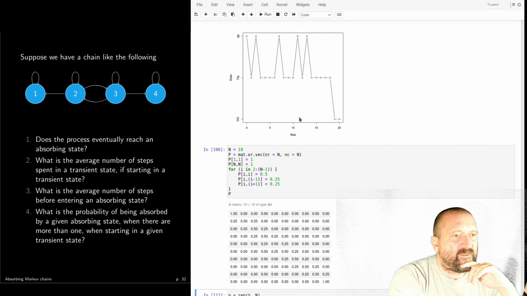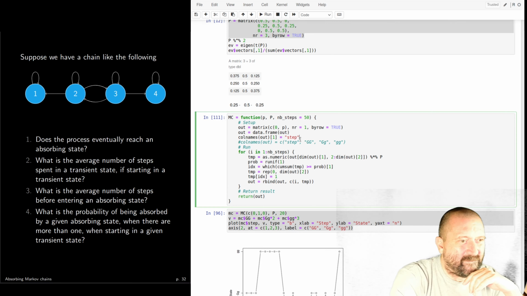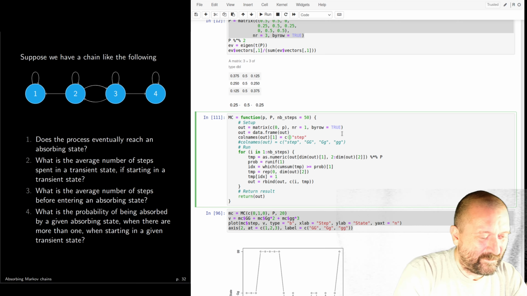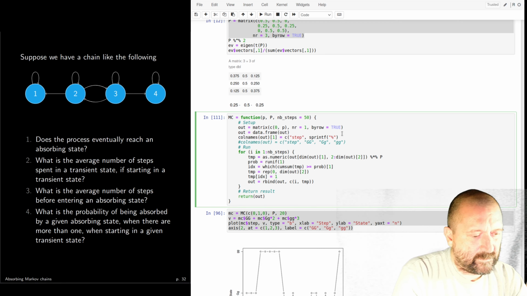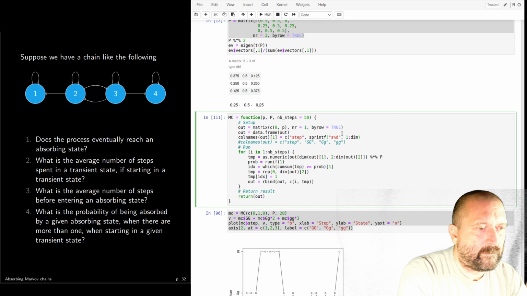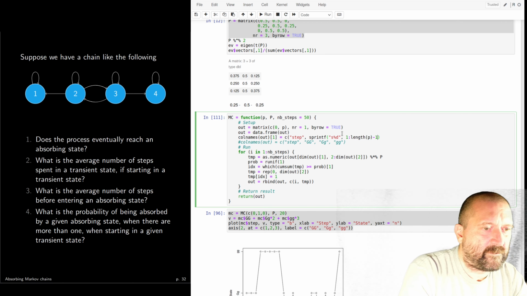Okay, so let me continue renaming things. We are going to call them step, and then I'm going to say what state, and this is 1 to length of P minus 1. This should work.